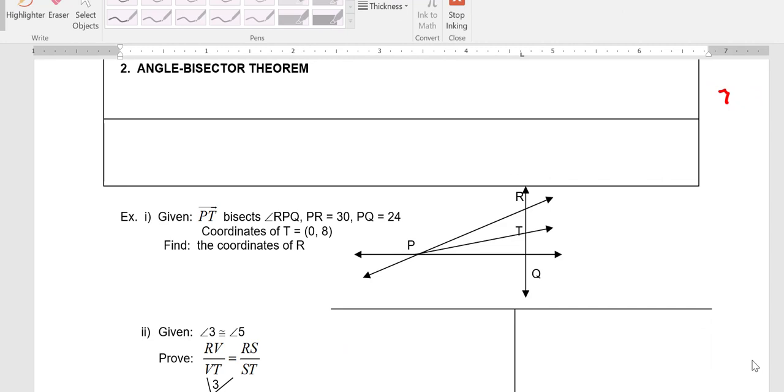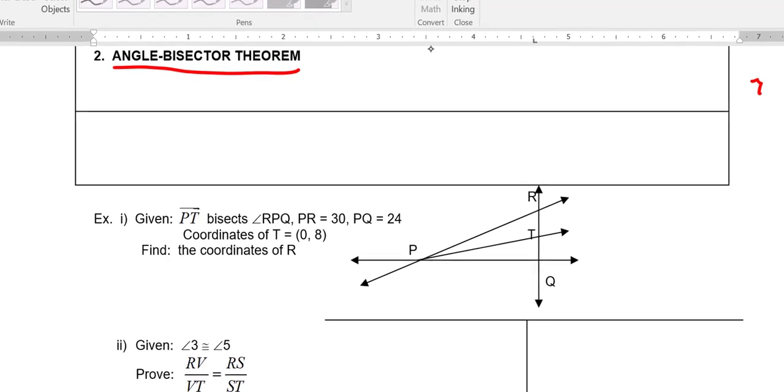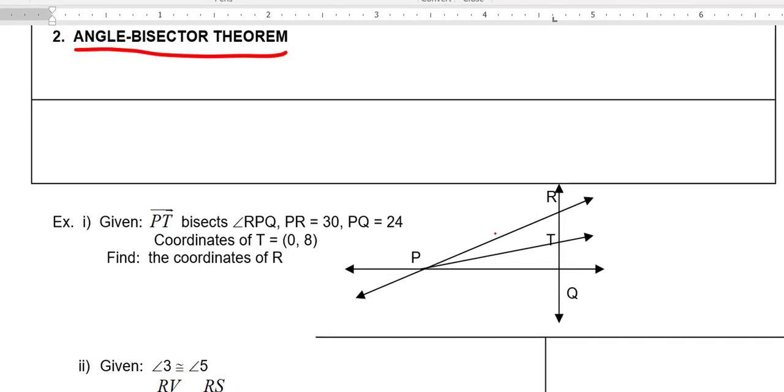Okay, moving on to page 2. This is the second of the 3 theorems that I want to show you here for this section. This one's called the angle bisector theorem. It's a little easier just to show you than to write out what it is.